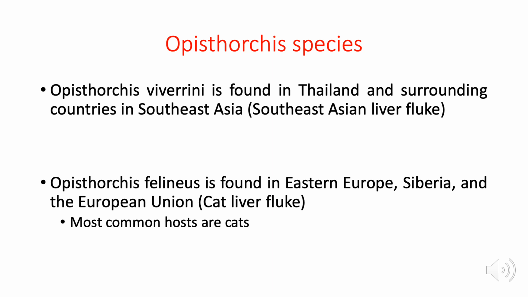While cases of Opisthorchis felineus are very high in Eastern Europe, Siberia, and the European Union. The most common definitive hosts are cats. That's why this parasite is also known as the cat liver fluke. The word feline would refer to cats.